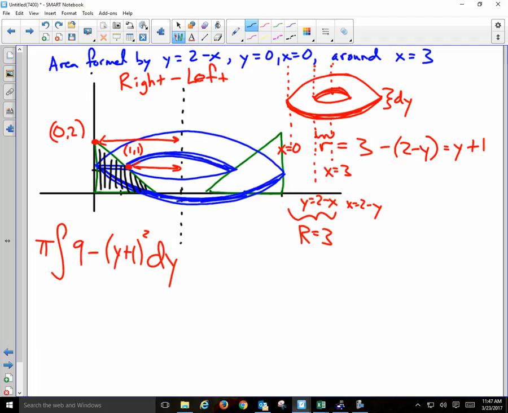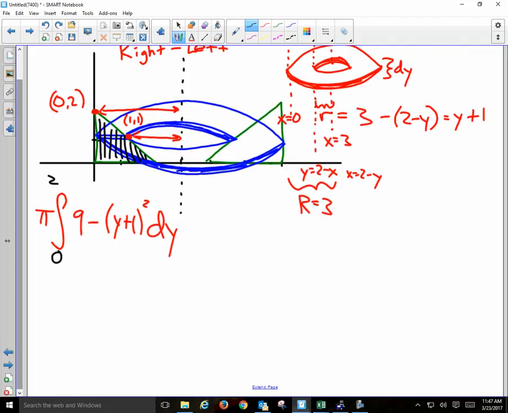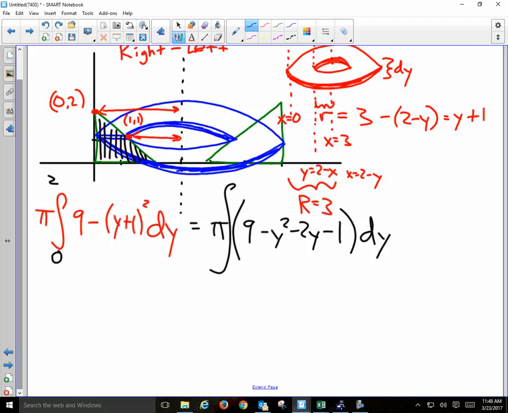Y values. So I go up to 2. Good. So we've got pi times, I'll just still do the integral, 9 minus y squared minus 2y minus 1 dy, 0 to 2.